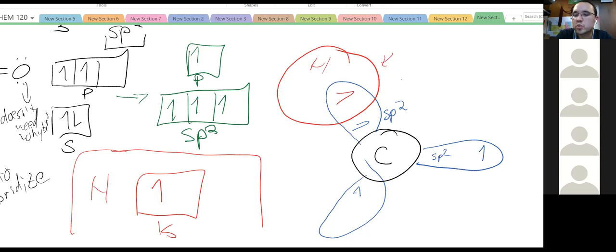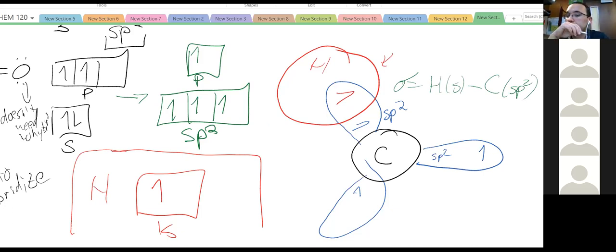The first one between them was always going to be a sigma bond, and you're right, it is a sigma bond. It's forming from the overlap of hydrogen's s orbital and carbon's sp2 orbital. And why do we have to include the s?